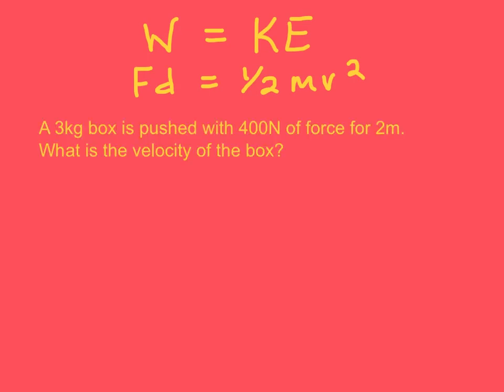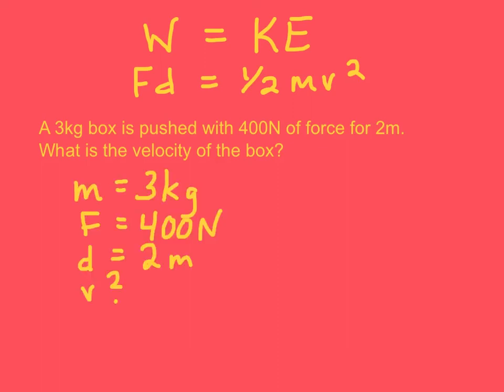Let's consider this example. A 3-kilogram box is pushed with 400 newtons of force for 2 meters. What is the velocity of the box? As always, we want to solve this using the GUESS method. Let's identify our given information. We're given the mass, force, and displacement, and we're asked to solve for the velocity. So let's substitute this into the equation and solve.